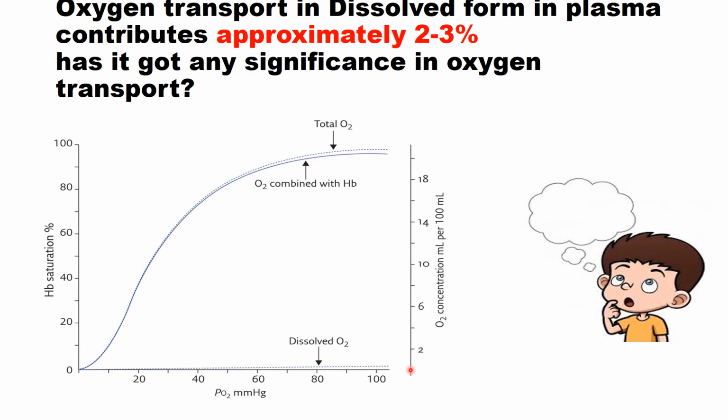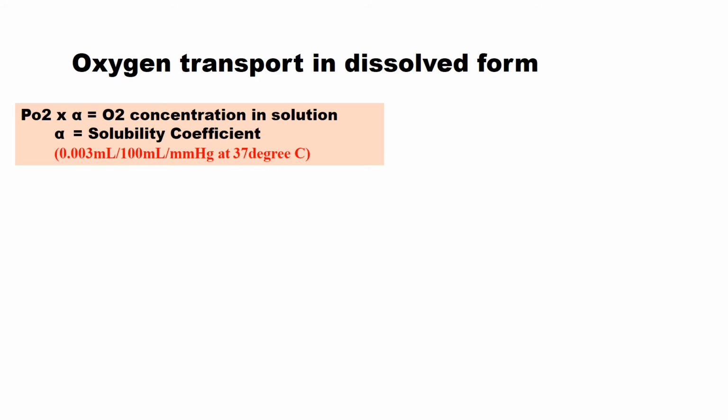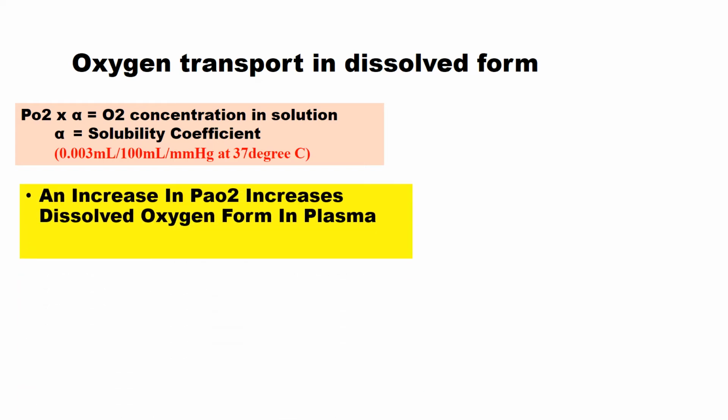So this dissolved oxygen, do you think it has any significance in the oxygen transport? The oxygen transport that is occurring in the dissolved form is non-saturable, which can also be assessed by this equation, in which the oxygen concentration in the solution is directly proportional to the partial pressure of oxygen, meaning thereby that as the partial pressure of oxygen increases, similarly the dissolved form of oxygen will also increase in the plasma.